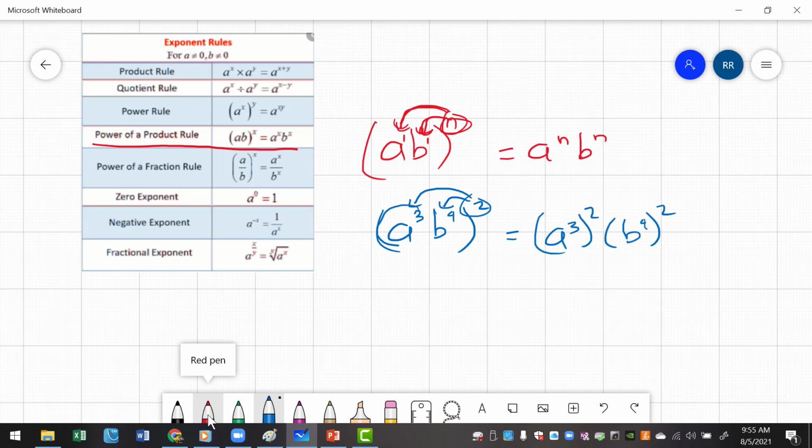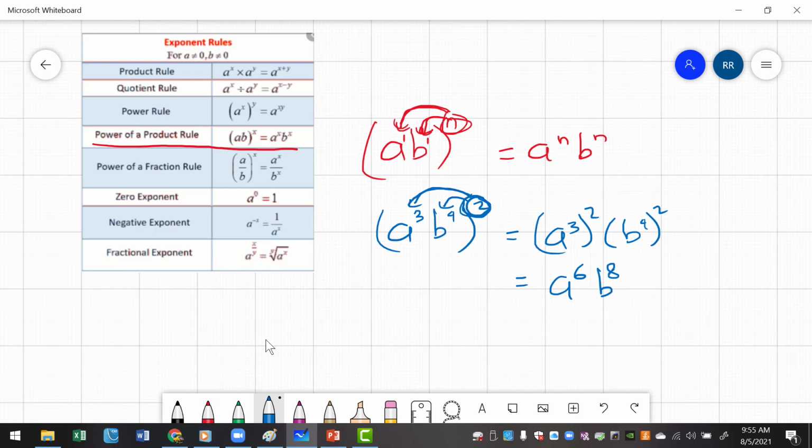Because they have different bases, we can separate them and multiply the power outside the bracket into each of them. So we'll get a to the power of 3 times 2, which is 6, and b to the power of 4 times 2, which is 8.